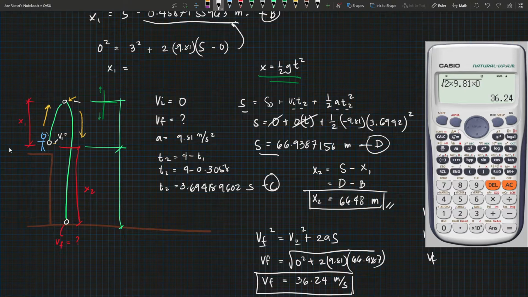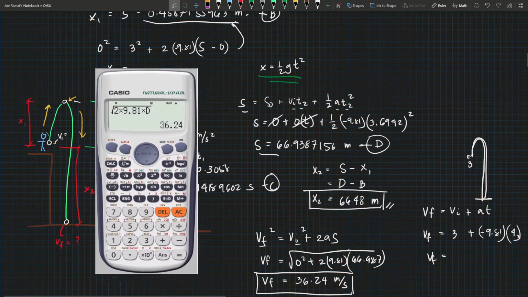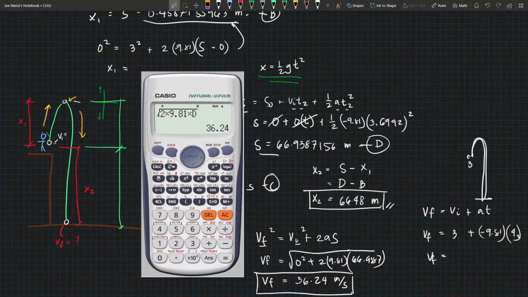So, dapat equal siya dun sa nandito sa may baba. So, let's see. 3 plus negative 9.81 multiplied by 4. So, 36.24.